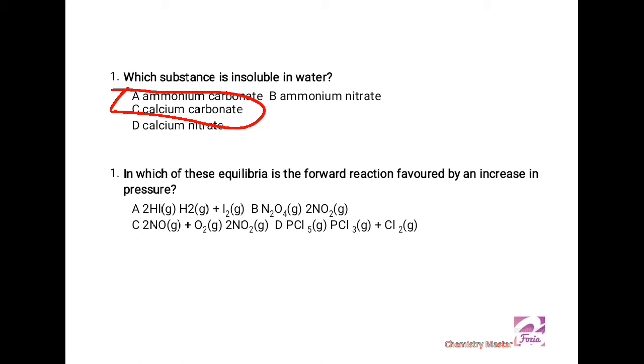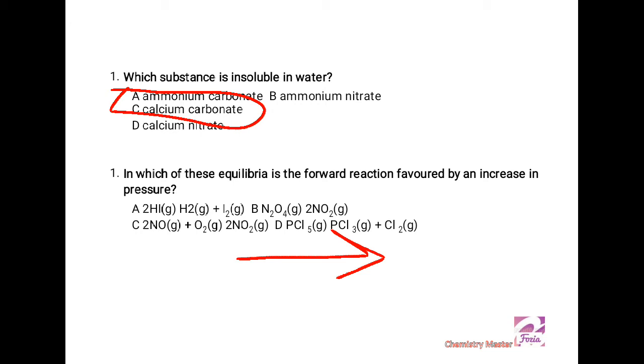In which of these equilibria is the forward reaction favored by an increase of pressure? If the reaction is proceeding in the forward direction, what is the change in the number of moles of gas particles? If the number of moles of gas is decreasing, then an increase in pressure will favor the forward direction.